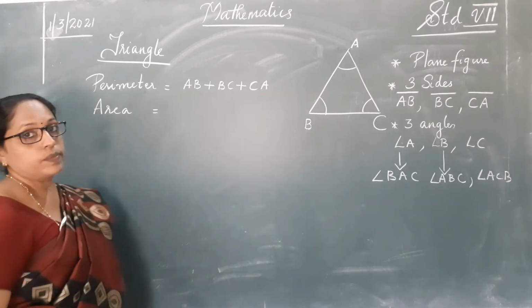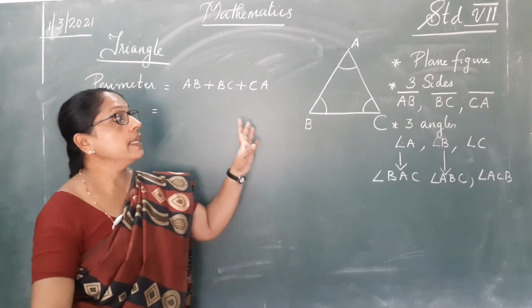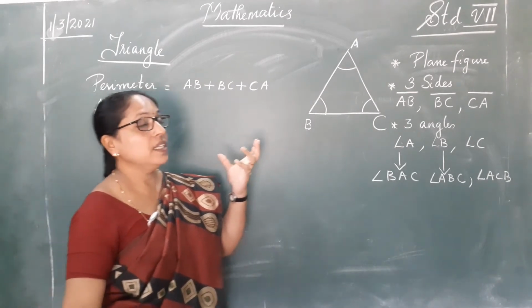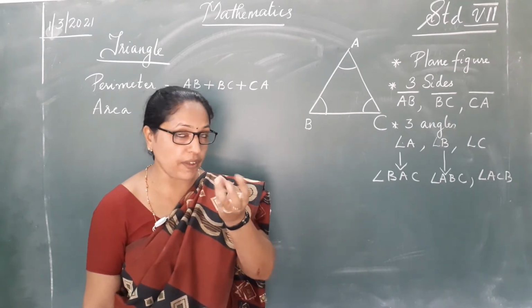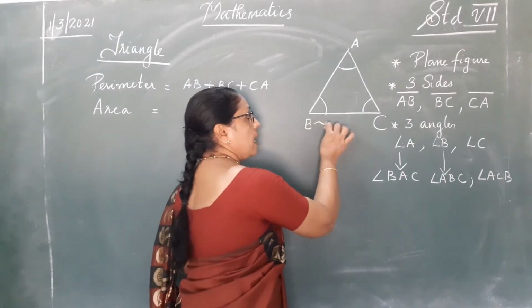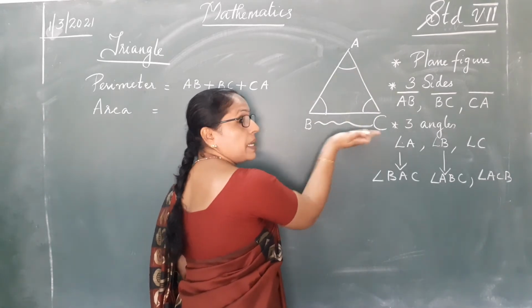To find the area of the triangle, we need two other important facts. That is, the triangle is standing on the base BC.